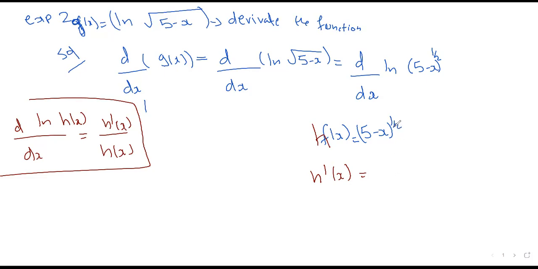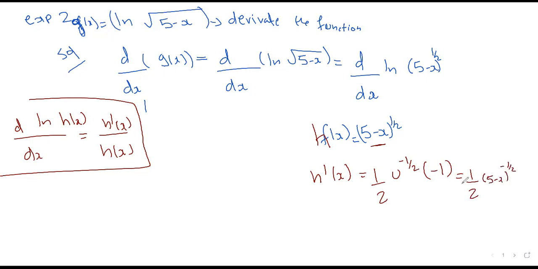You will get 1 by 2 u to the power negative 1 by 2. Very good. Then you have to do the derivative of this, so it will be negative 1. Excellent. And then you have to substitute 5 minus x in the u. Very good.